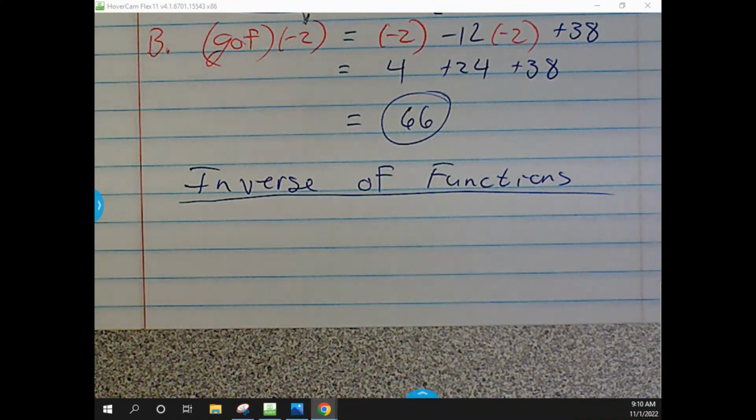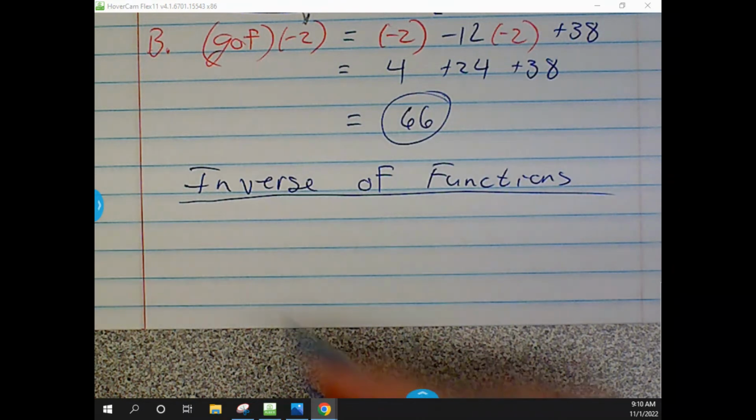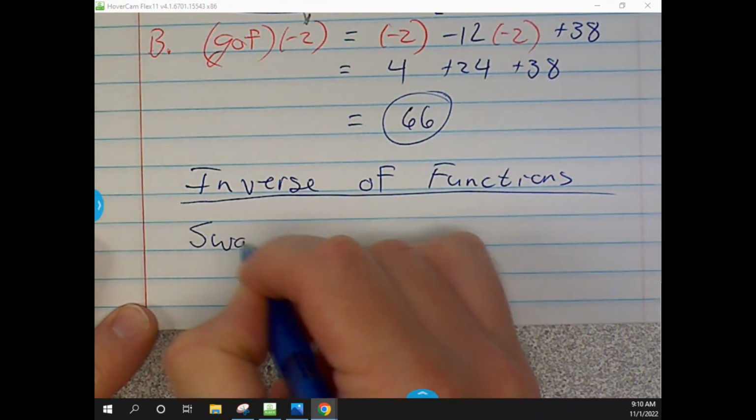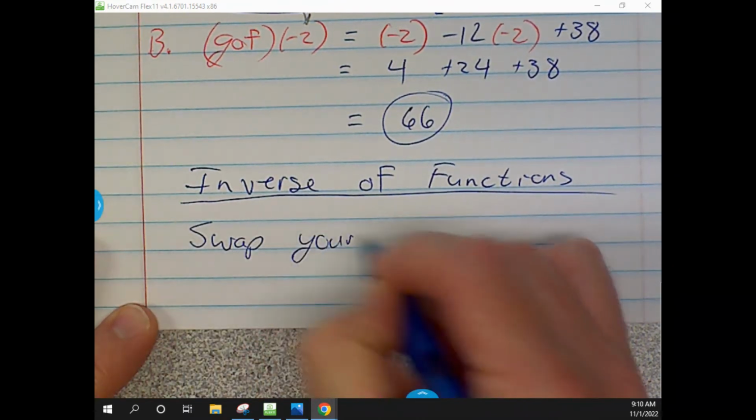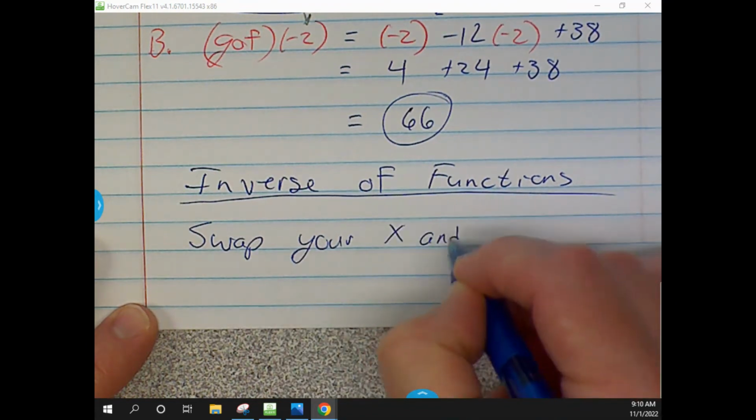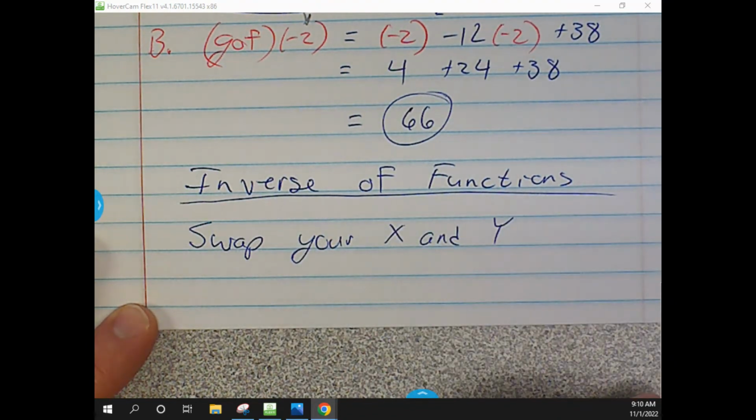Okay, and with inverse of functions, the basics of it is that you're going to swap your x and y values.